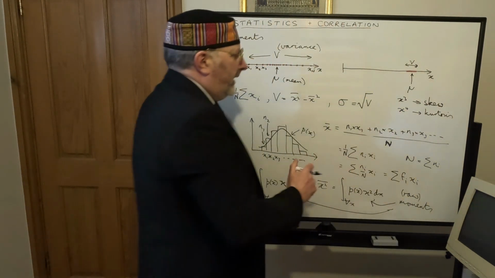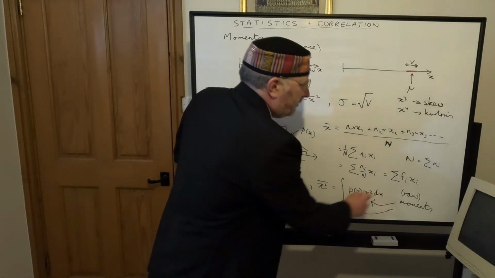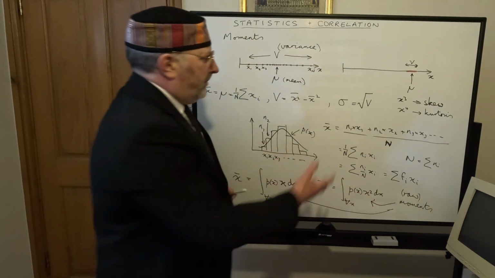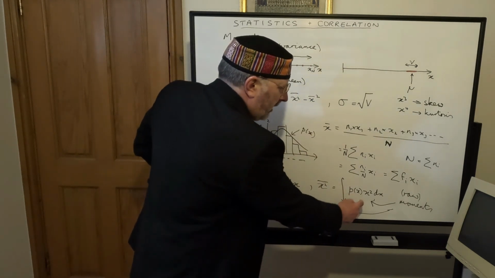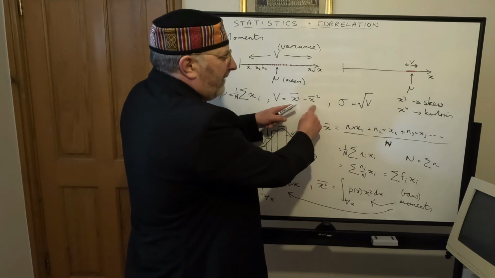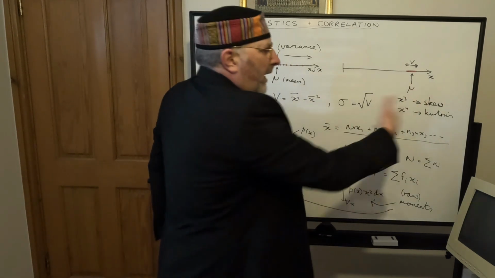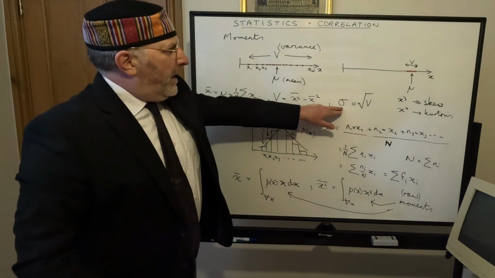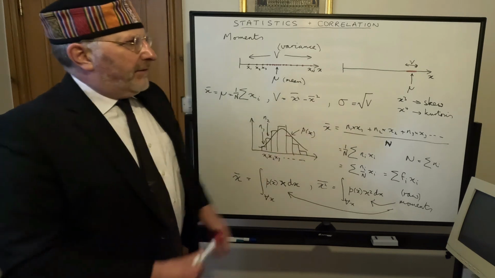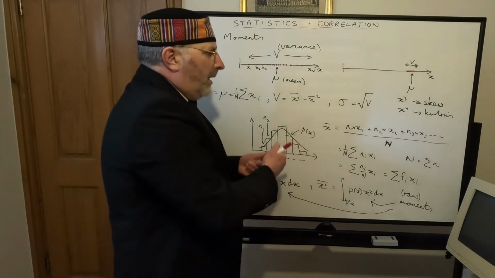But the skew is defined not just as the integral of p of x cubed dx, but as something a little bit more complicated, the same way that variance is a little bit more complicated than just the integral of x squared. We have to subtract this. Similarly for skew, there's a formula that depends on the standard deviation, for example, and similarly for kurtosis.